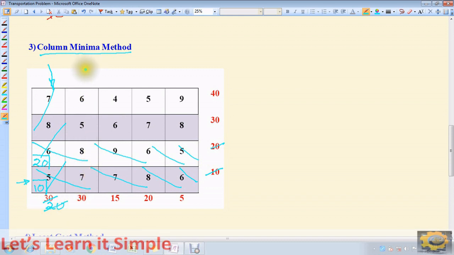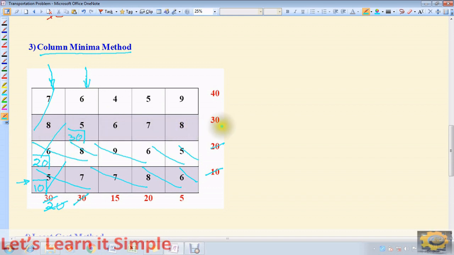Next we need to move on to the second column. Now in the second column we have already this is vanished. So we have 6 and 5. So the least value is 5. Now if we verify the cell value corresponding that row and that column, we have again 30, a similar value, which means 30 can be allocated.